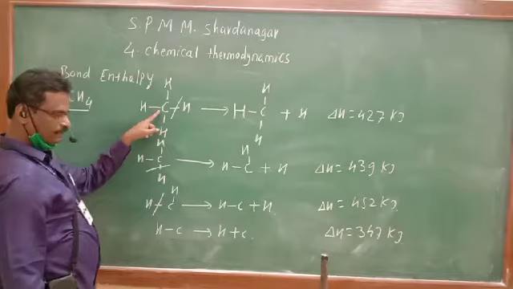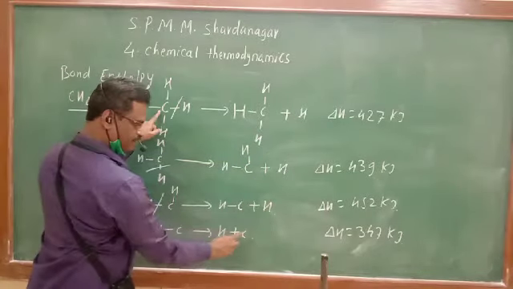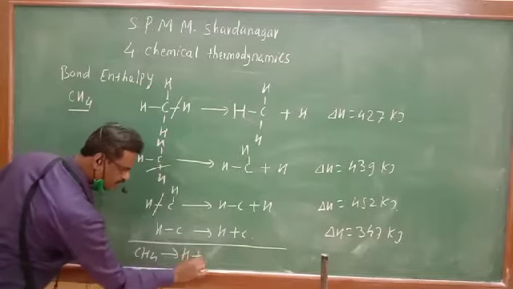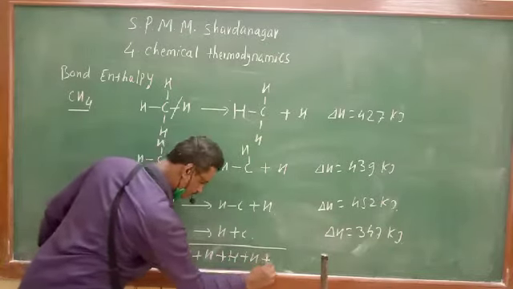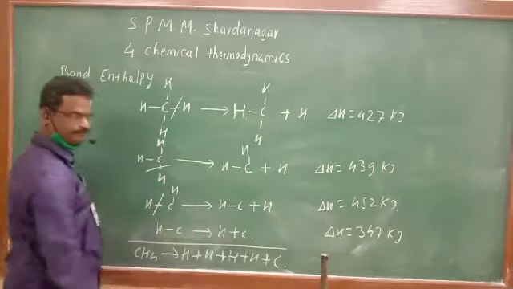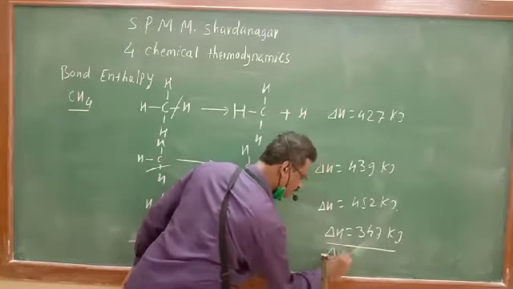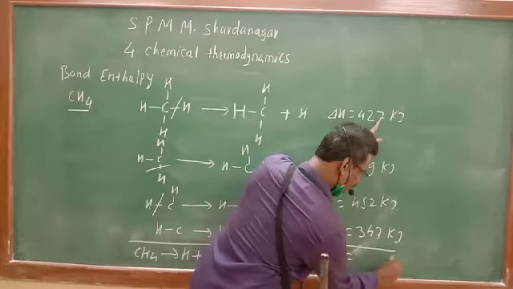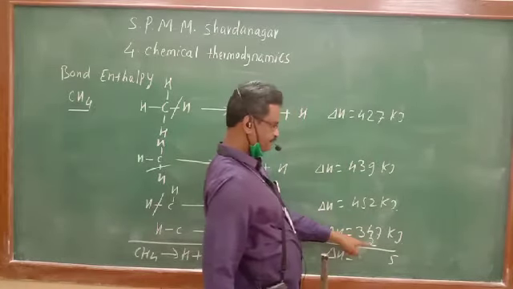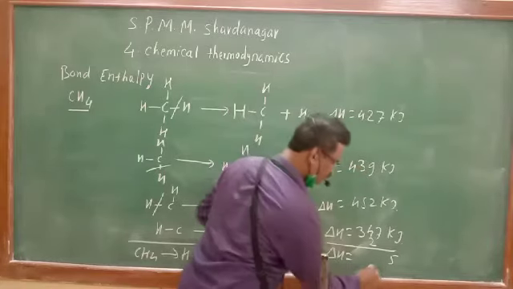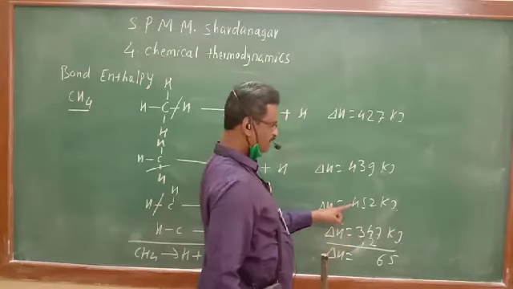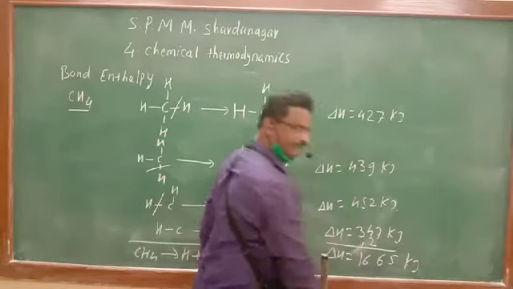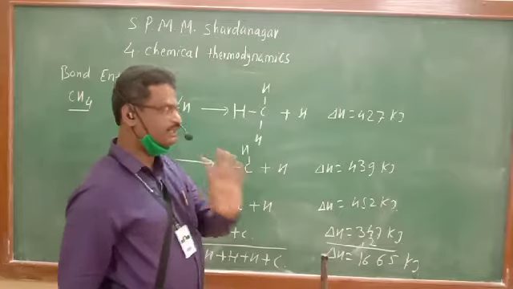So the net reaction is CH4 giving H plus H plus H plus H plus C, that is, 4 H plus C. And the net delta H will be the summation: 427 plus 439 plus 452 plus 347. The total is 1665 kilojoule of energy required to break 4 CH bonds.